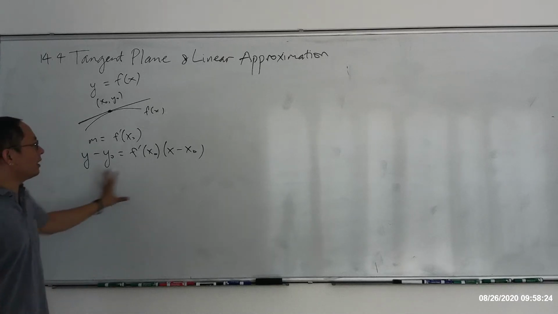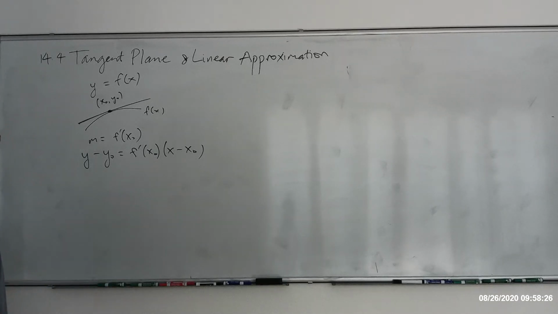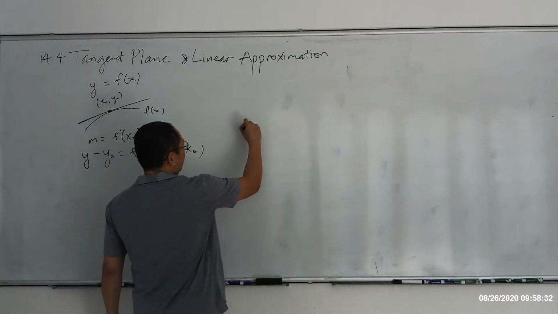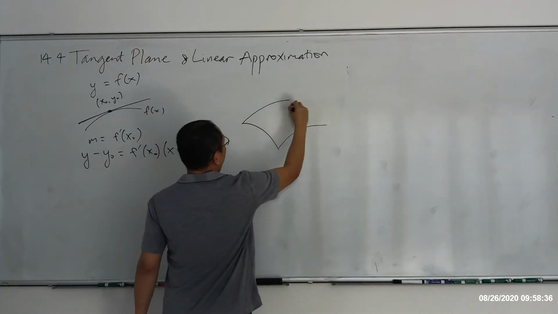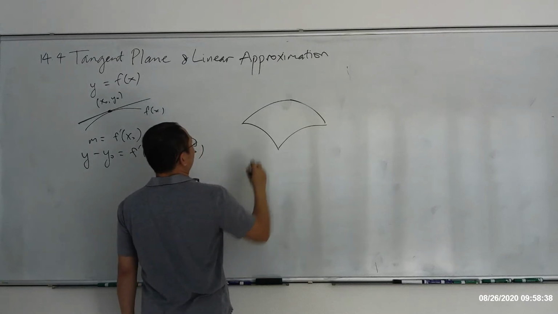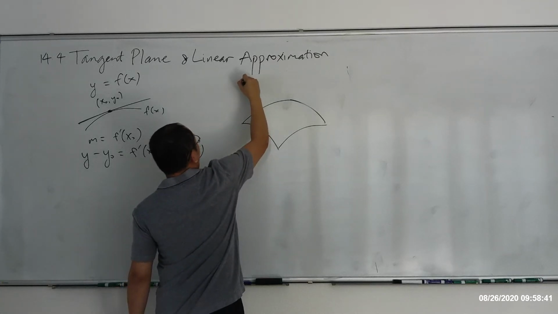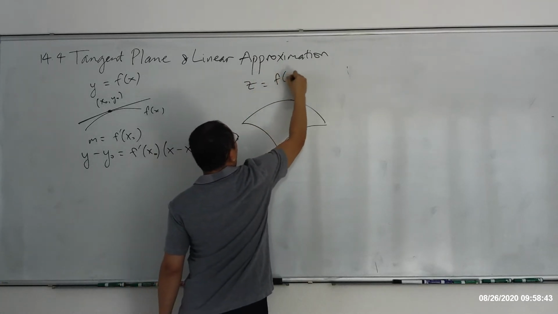We're going to carry out a very similar way of finding the tangent, but now it's not a line anymore. Now it's 3D. Say you have a surface, z equal to f of x comma y.